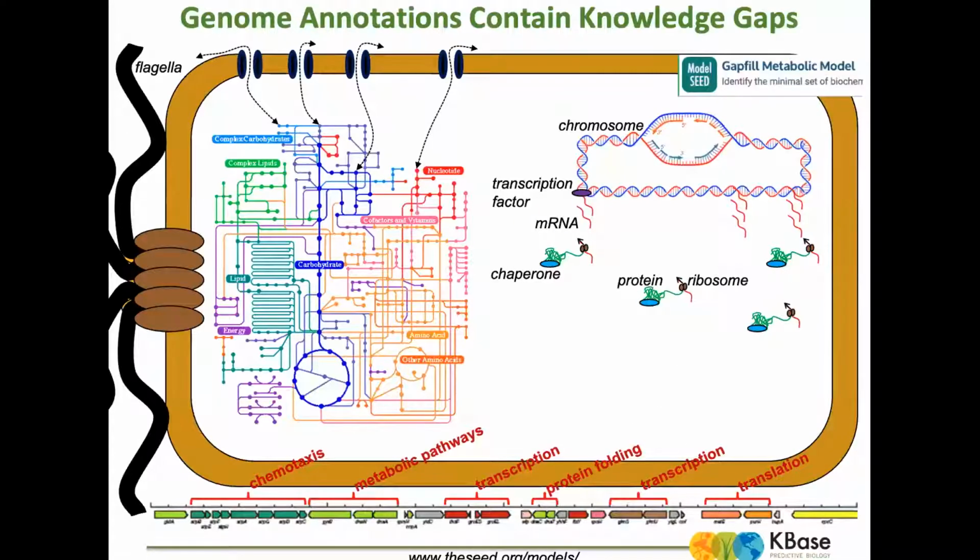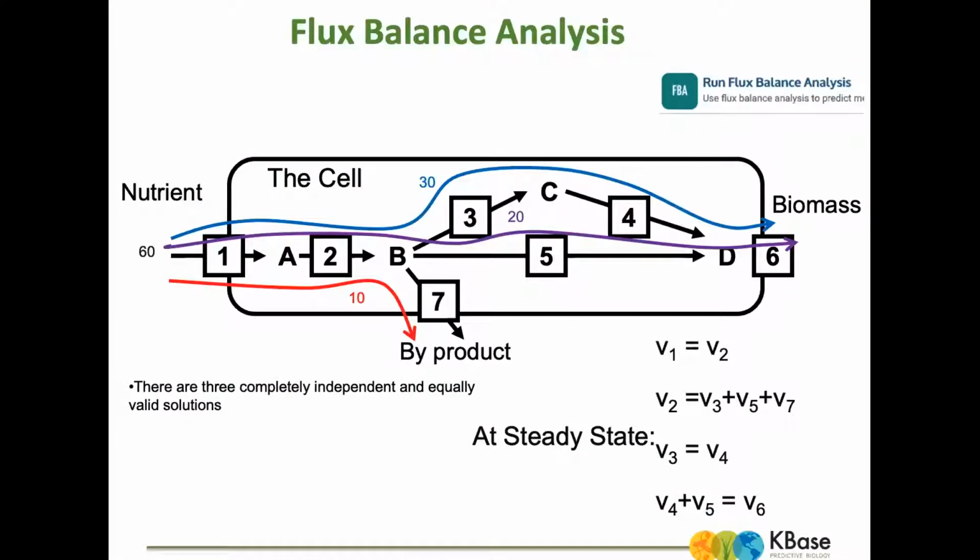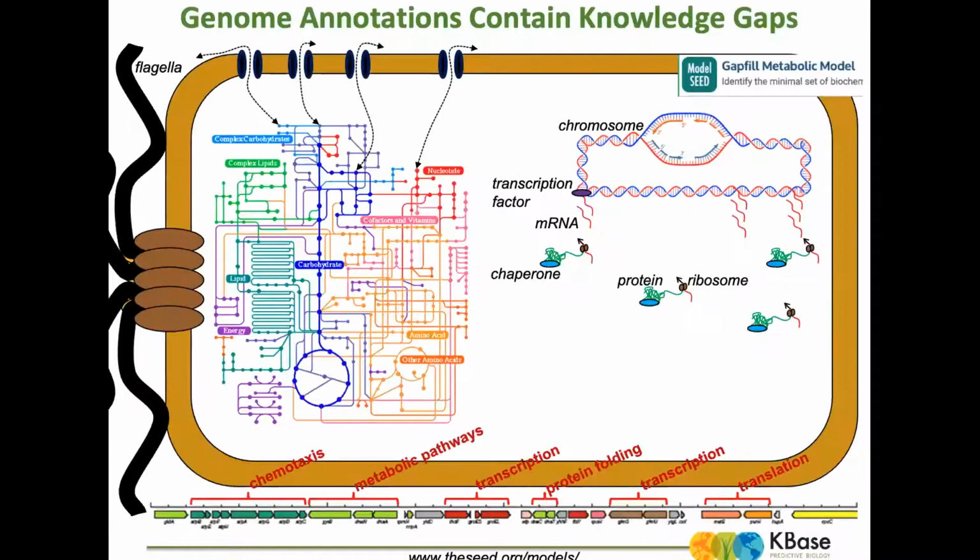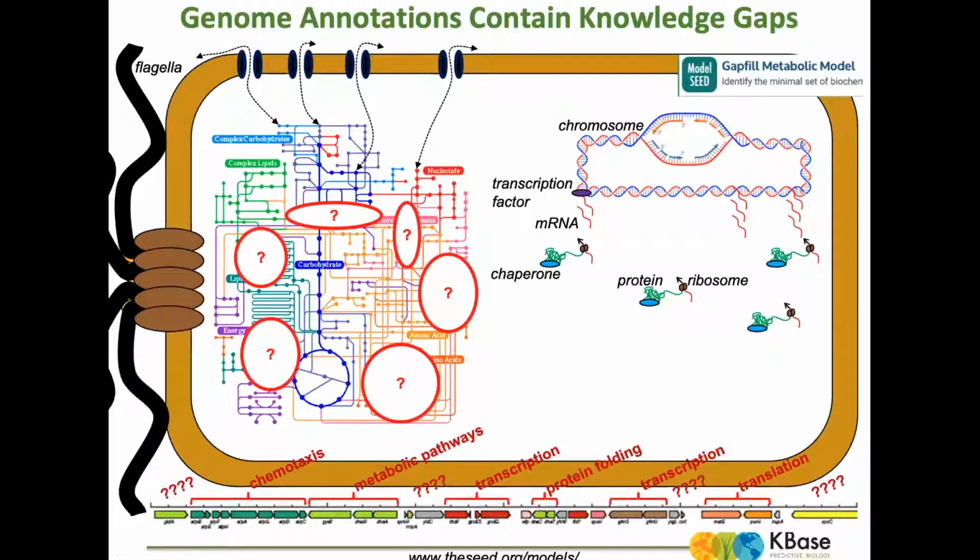Now, one of the big problems we have in steady state models is that although the condition is that the compounds cannot accumulate nor degrade, some of the reactions are missing in this network. This is due to annotation gaps, due to gaps in our knowledge.